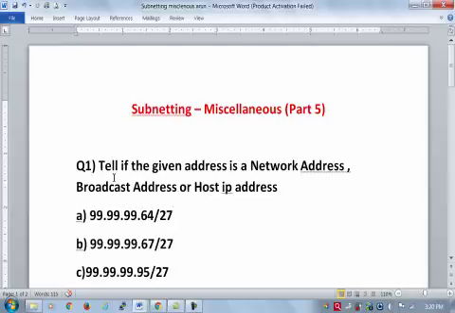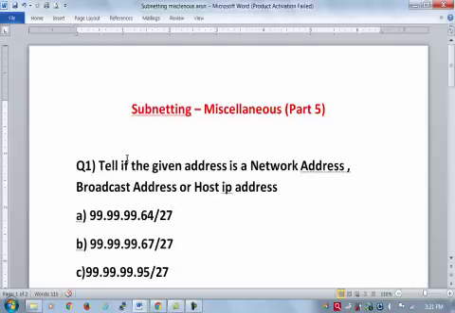I told you that inside any given network, small network or big network, we have three addresses. The first one is the network address, then we have the broadcast address, and in between, IP addresses are given to the machines.